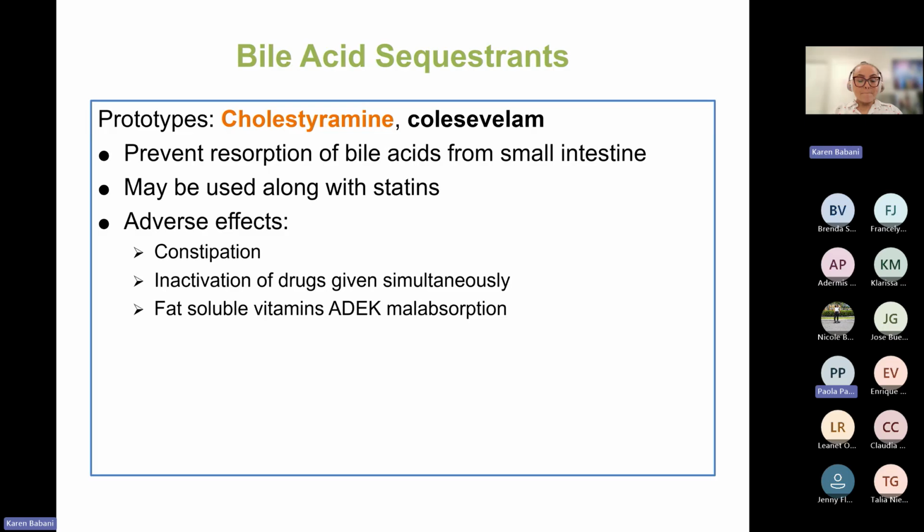Those are fat soluble. So if your patient is taking multivitamins and they're taking this, or even if they're not taking them, this medication can get these vitamins and eliminate them too. It's going to prevent the patient from absorbing these vitamins because these vitamins need fat to be reabsorbed in our body. So this patient is at risk of developing deficiency of vitamin A, D, E, and K.